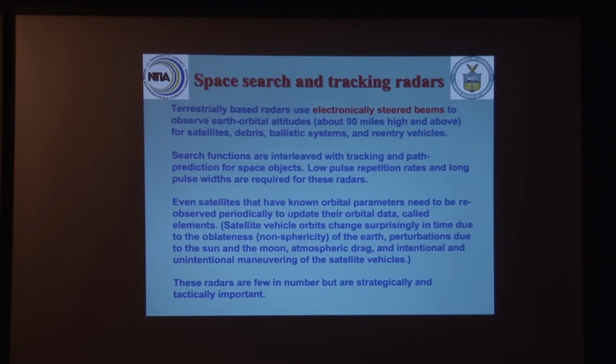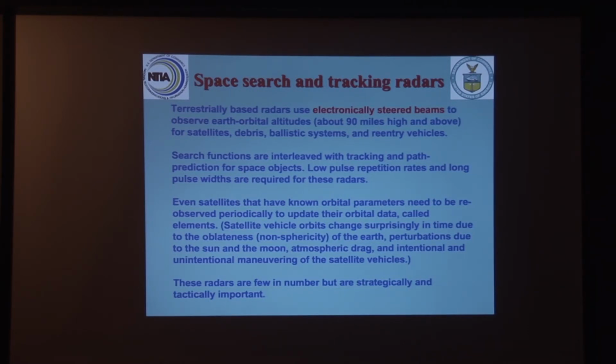And these radars are used to obtain orbital parameters for satellites, and it turns out that because the Earth is non-spherical, it's an oblate spheroid, and because of perturbations due to the sun and the moon, and because of minute amounts of atmospheric drag, even at orbital altitudes, and also because some satellite vehicles are intentionally and sometimes even unintentionally maneuvered or steered in orbit, it's important to actually update your orbital parameters on satellites rather frequently.